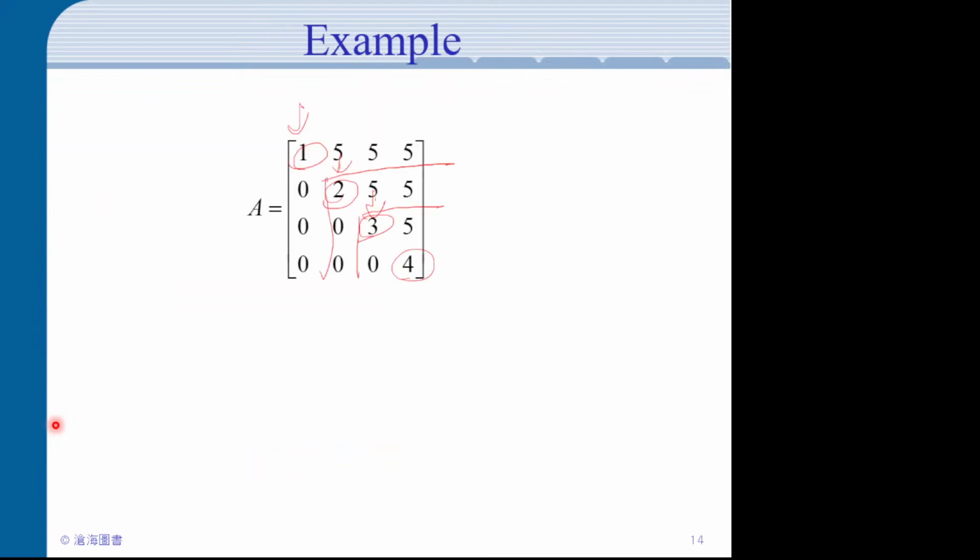Maybe here. Okay. So let's see if I can do this. I still want to do this. So the permutation definition of determinant of A.